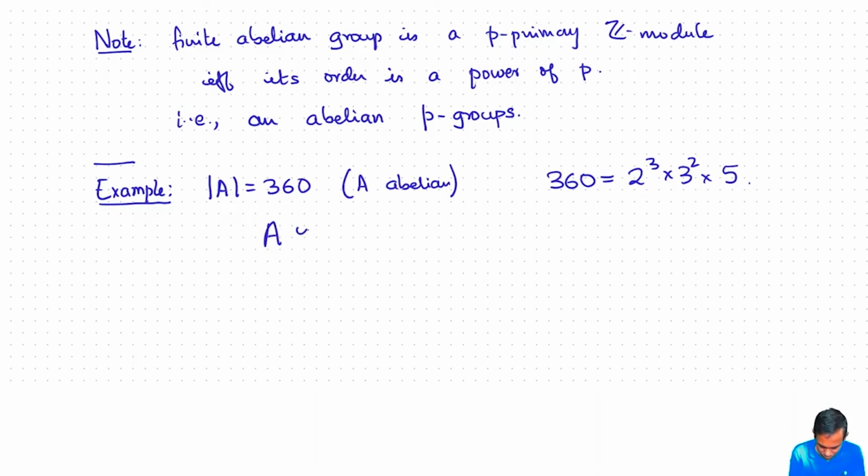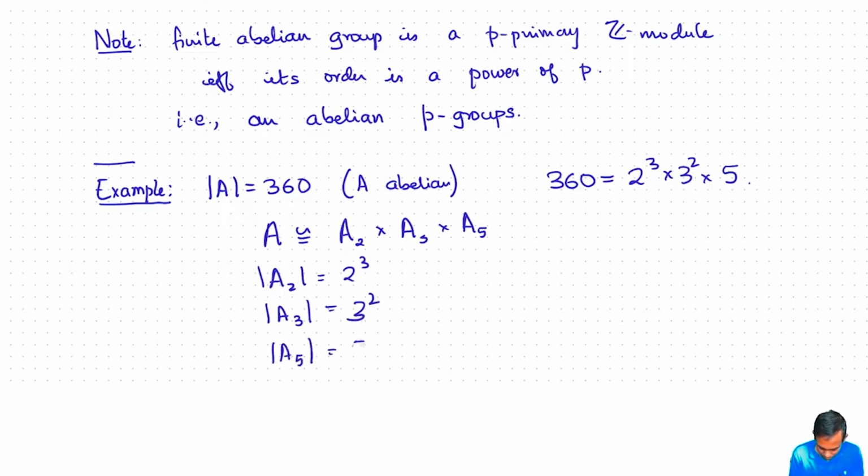So A is isomorphic to A2 cross A3 cross A5, and the order of A2 is 2 cubed, the order of A3 is 3 squared, and the order of A5 is 5.